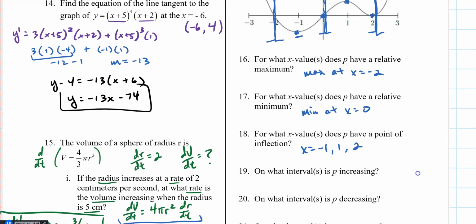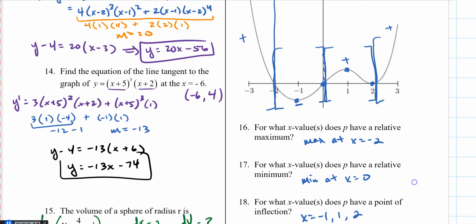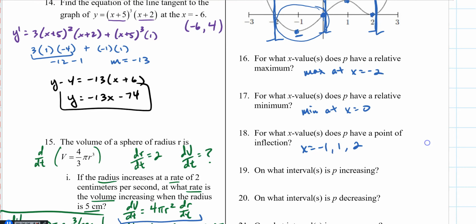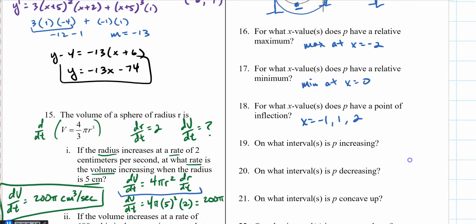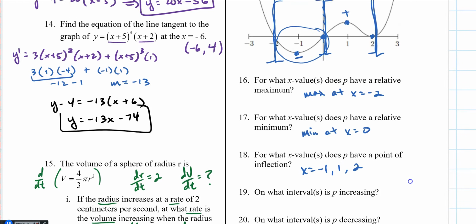20, on what intervals is p decreasing? So it's decreasing, we already talked about it, in this interval right here, because the derivative is negative. So it's decreasing from -2 to 0. Oops, apologize, misread that. 20 was decreasing, that was -2 to 0. 19 was increasing.